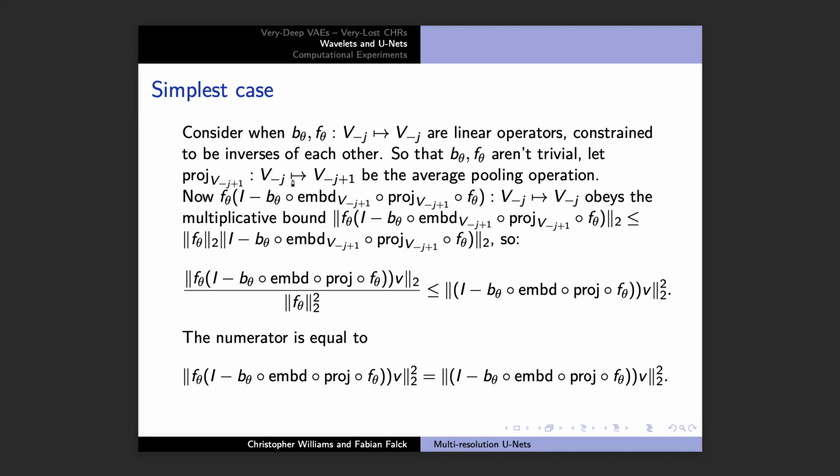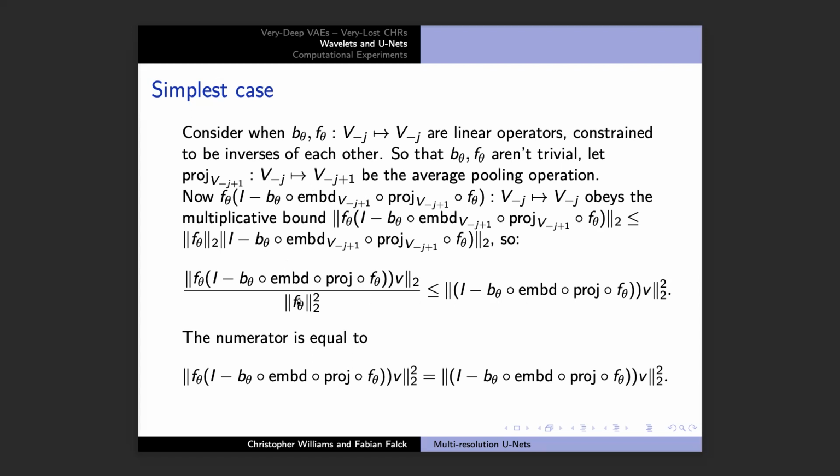And this difference inside the brackets is my reconstruction error, but I'm just assuming these are linear here. So I can take the f off essentially and get this bound here. The right-hand side will be my reconstruction error.